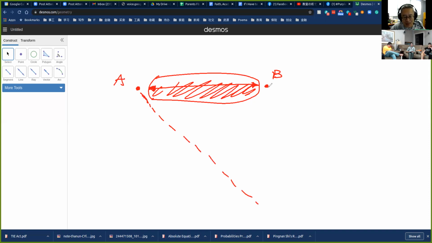You just keep going in one direction, and then you go back to B and walk towards the other side. So you're going to have an intersection point. Let's say this is our C. Within that, you keep going on this side, the same distance.